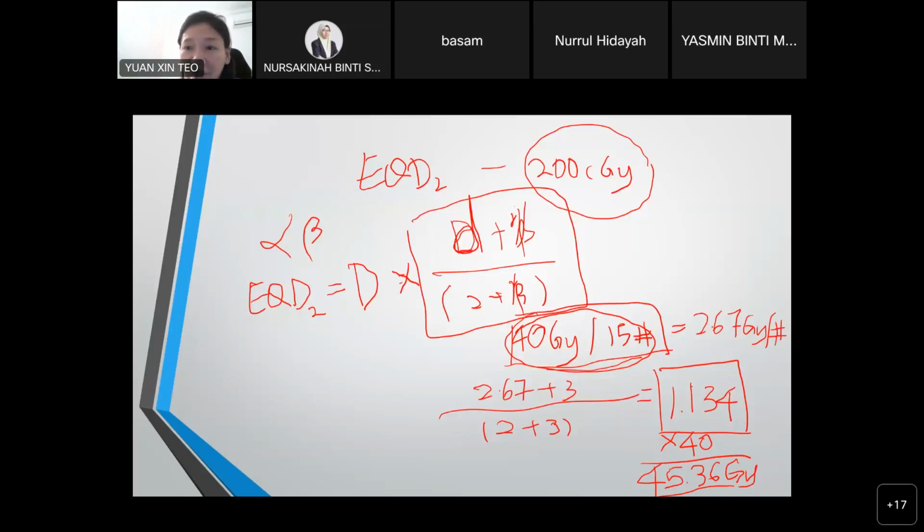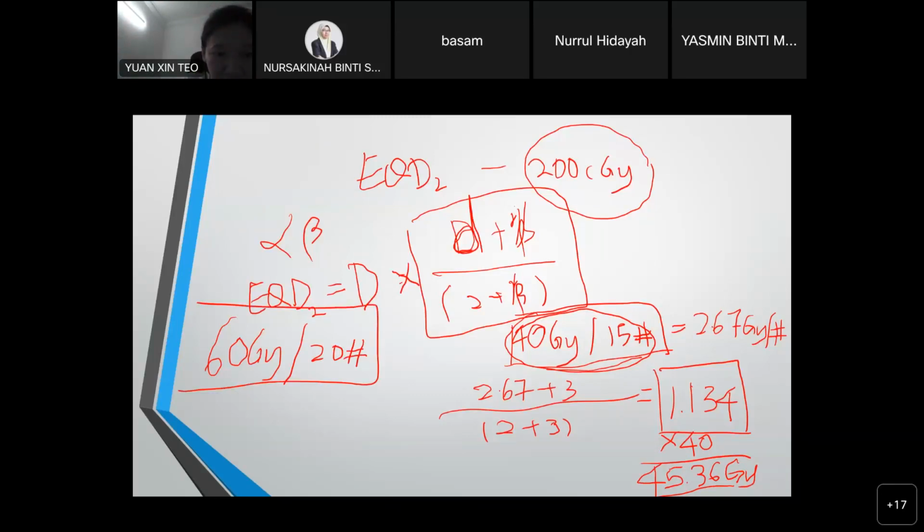Then for another example, 60 gray in 20 fractions. EQD2 equals to, okay, everyone calculate and give me the answer.